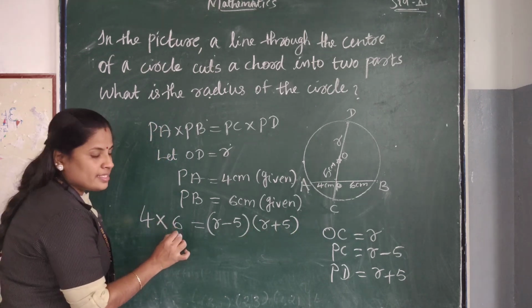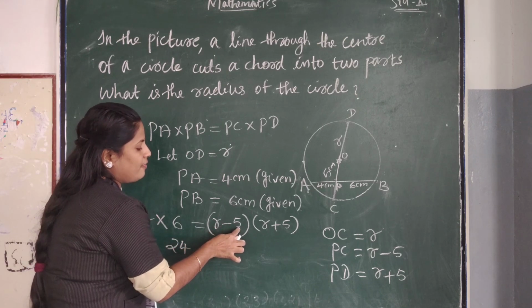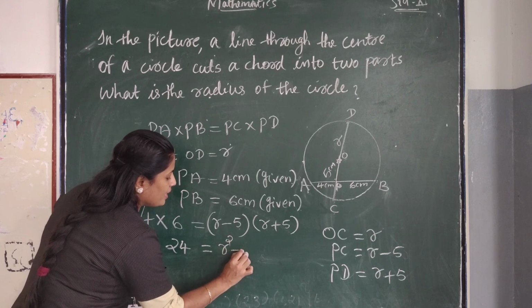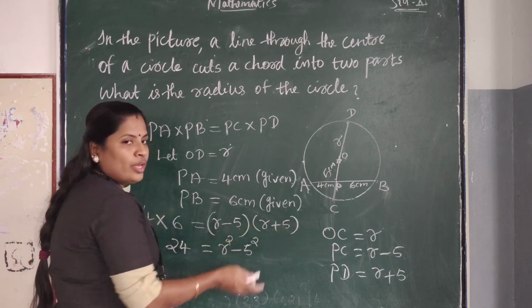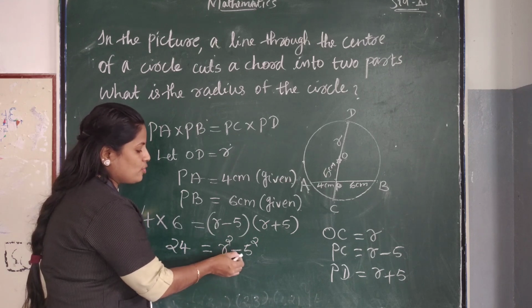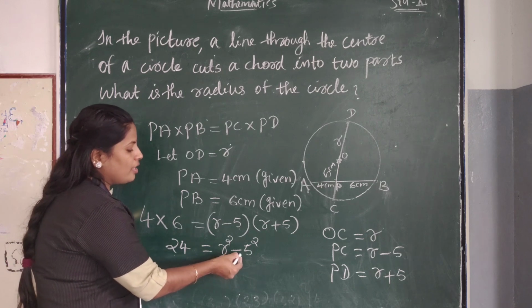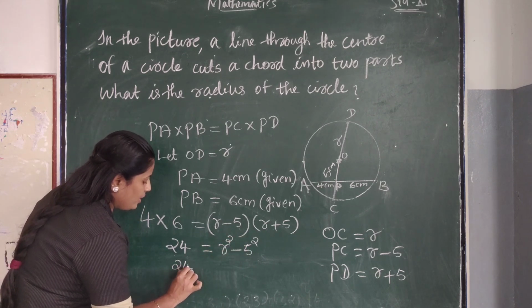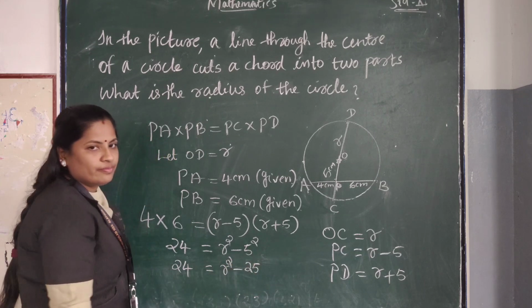So 4 into 6, 24 equal to R minus 5 into R plus 5. That is R square minus 5 square. Okay. A minus B into A plus B form, that is A square minus B square. So 24 equal to R square minus 5 square. Okay. So 24 equal to R square minus 25.